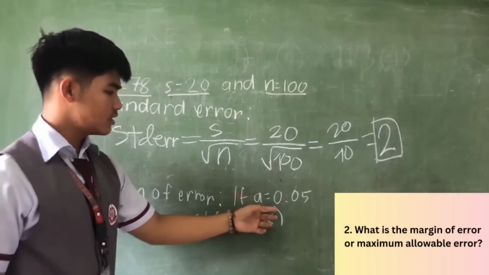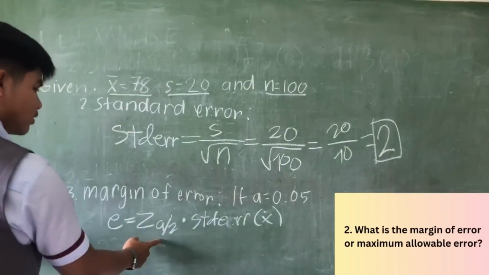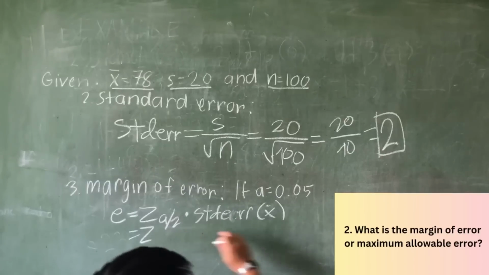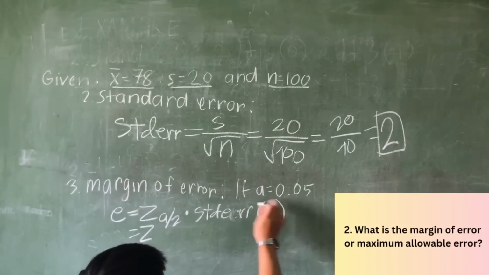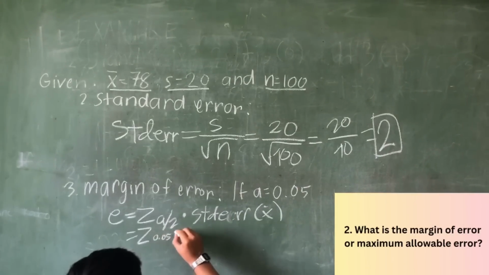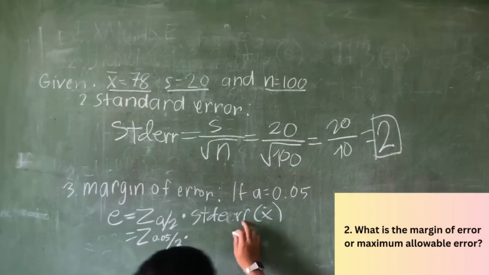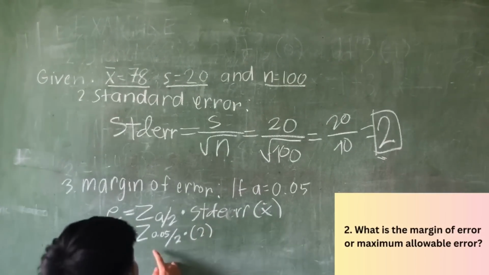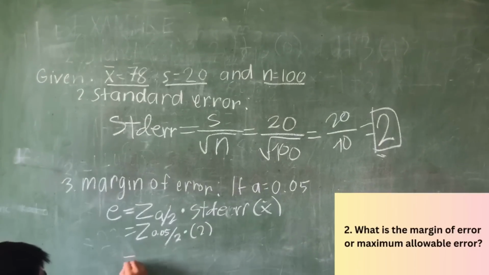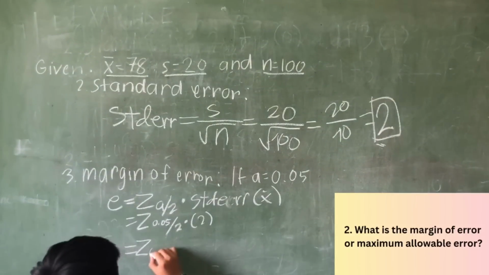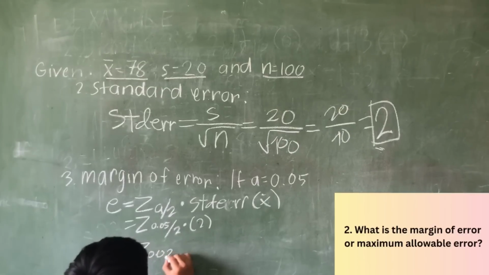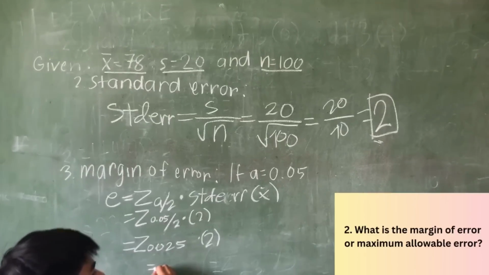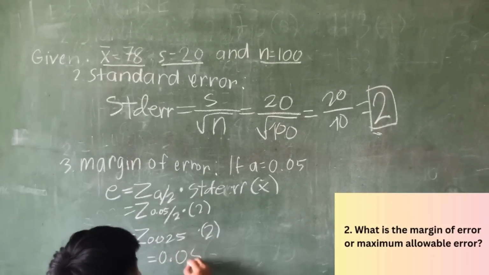If our α is 0.05, we substitute into the formula: z sub 0.05 over 2 times our standard error, which is 2. Now solve for z first: z equals 0.025 times 2 equals 0.05.